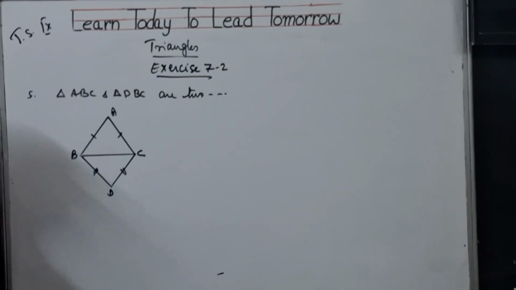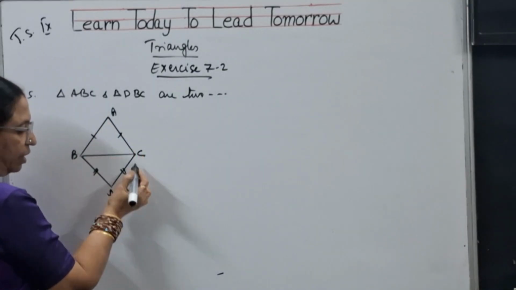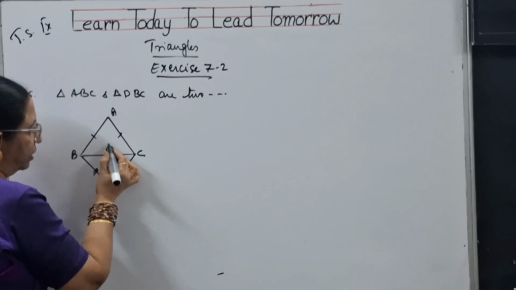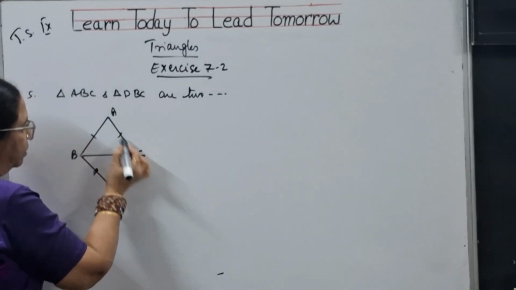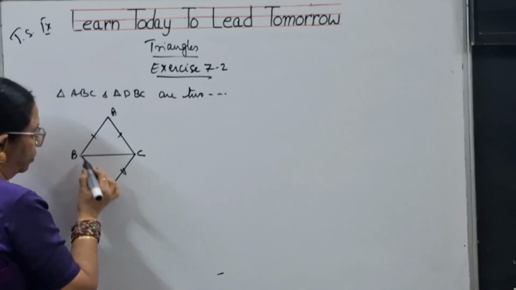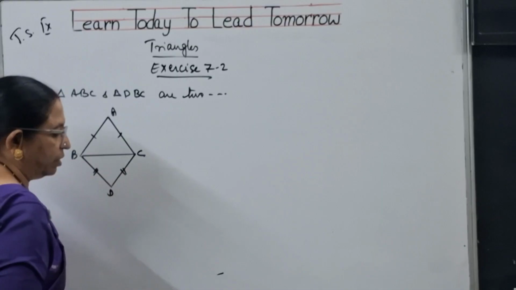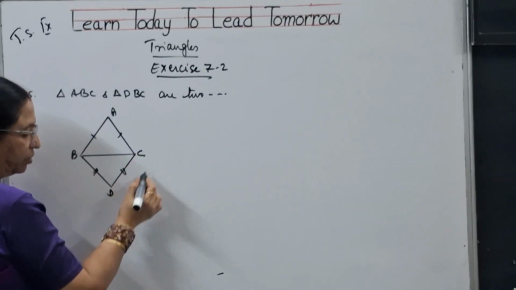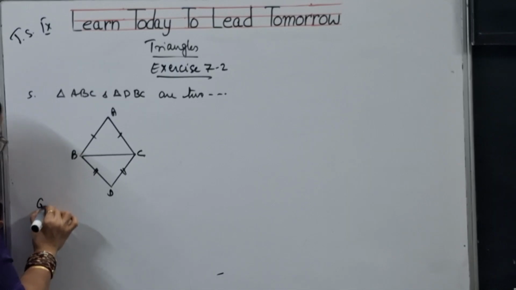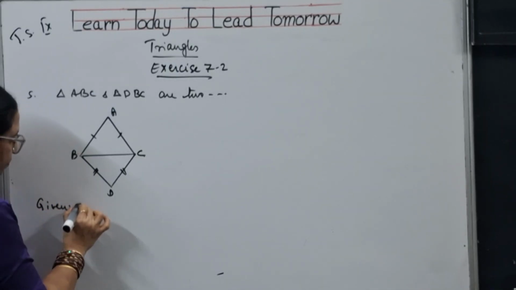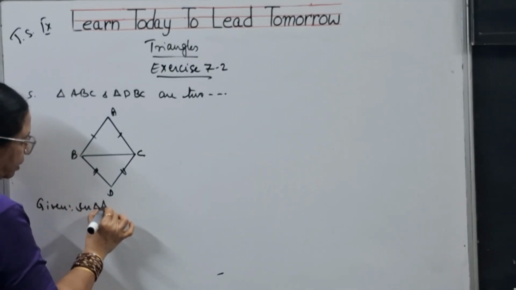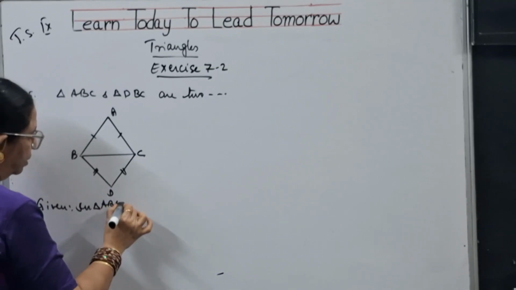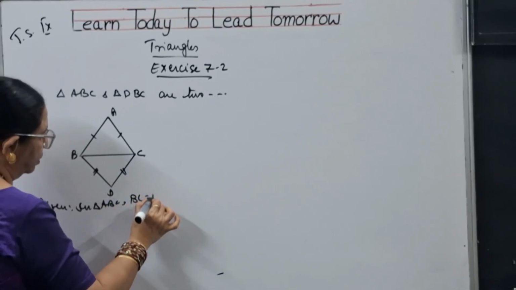Now fifth problem: triangle ABC and triangle DBC are two isosceles triangles. For this triangle these two sides are equal, for this triangle these two sides are equal. And you have to show that angle ABD is equal to angle ACD. So what is given to us? In triangle ABC, BC is equal to AC.